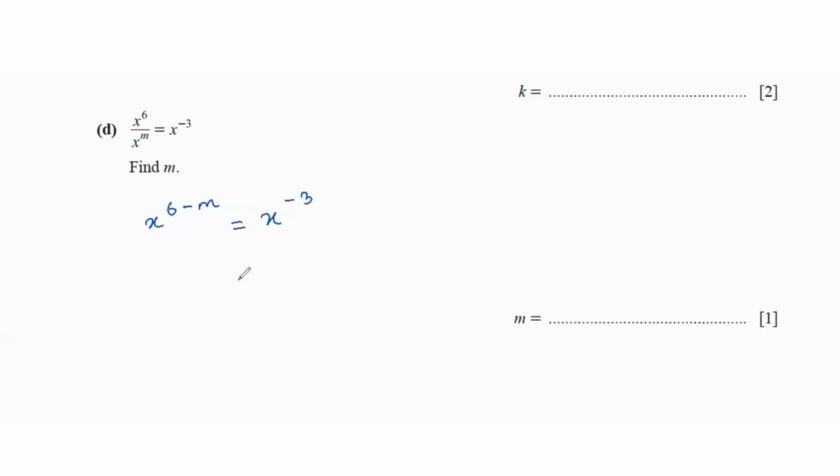Now that we have the same base on each side of the equal sign, we can put the powers equal to each other, which means 6 minus m equals -3. So swap m and -3. That's going to be 6 plus 3 equals m. So 9 is the value of m.